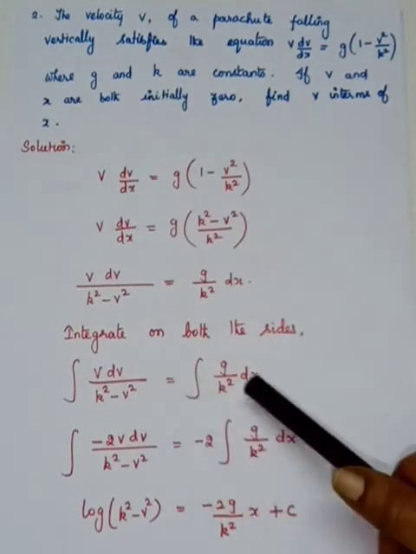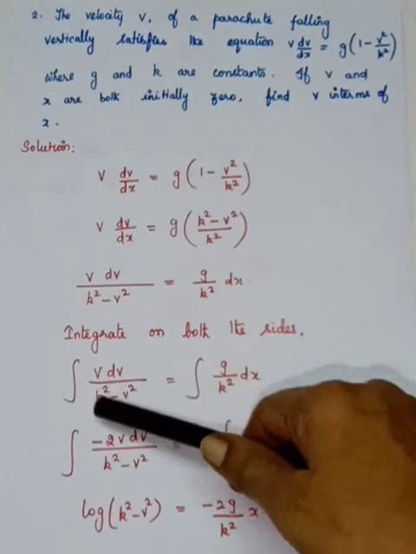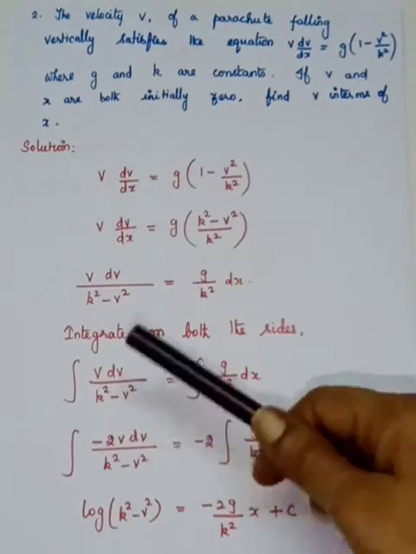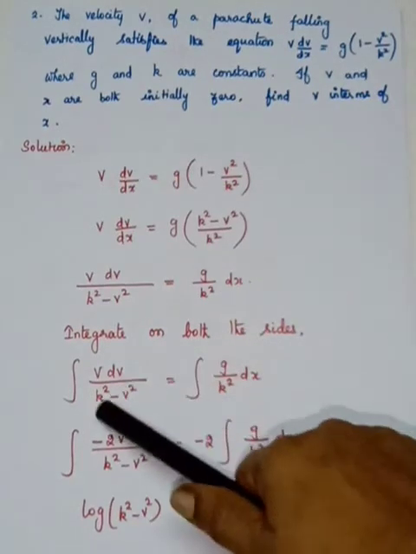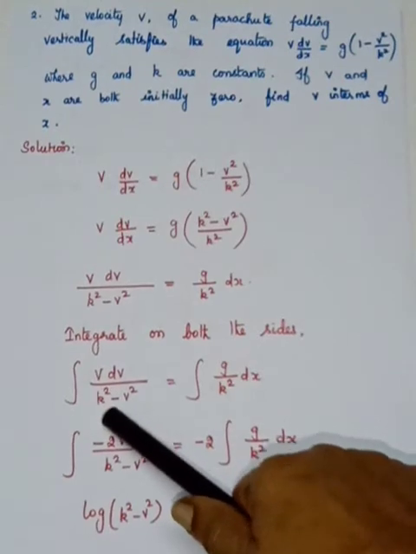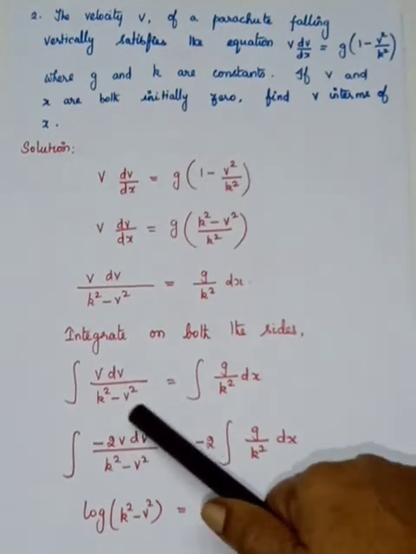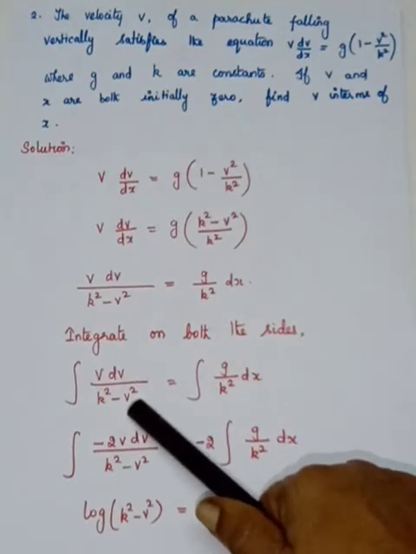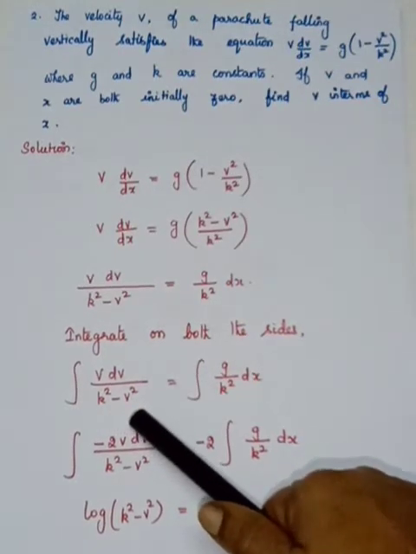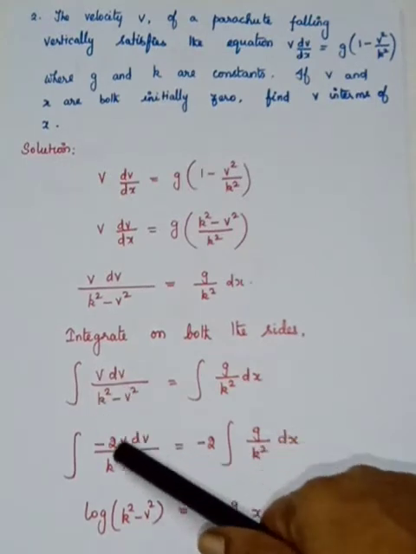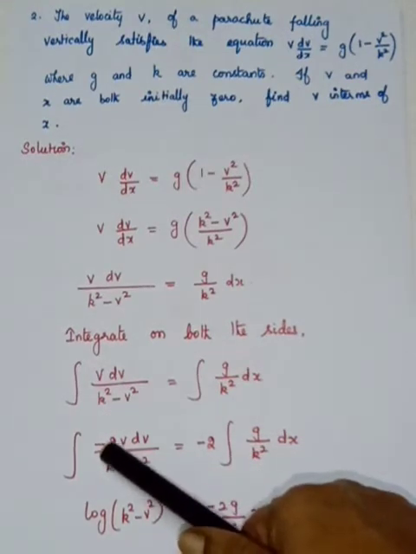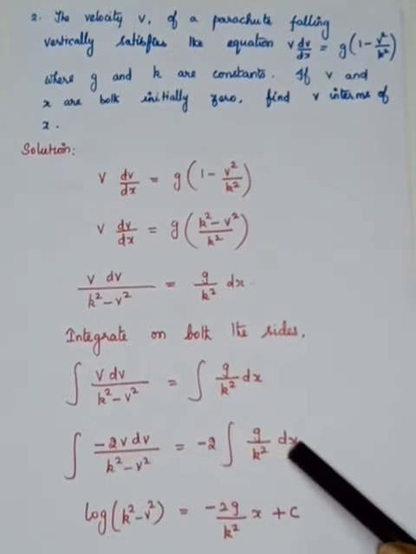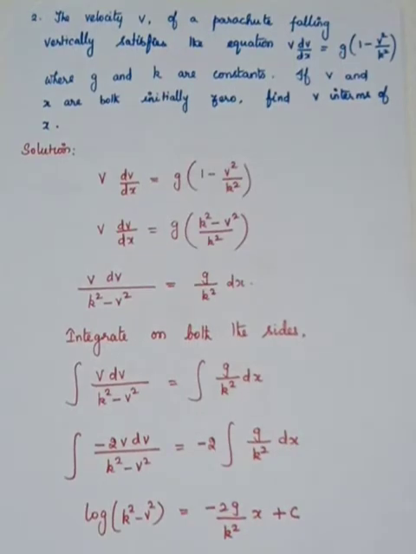So if you integrate, see now here k squared minus v squared. The differentiation of k squared is 0, because k is a constant. And if you differentiate the v squared term, what has to come? Minus 2v. So here v is there, so we have to multiply by minus 2 on both the sides. Okay, so why are we doing it like this?